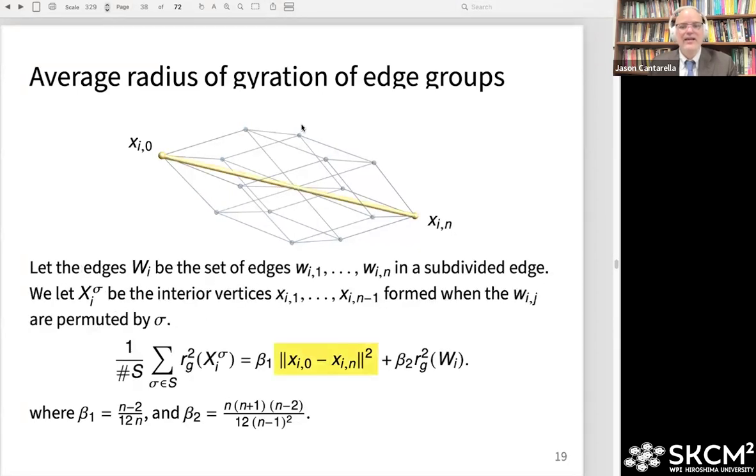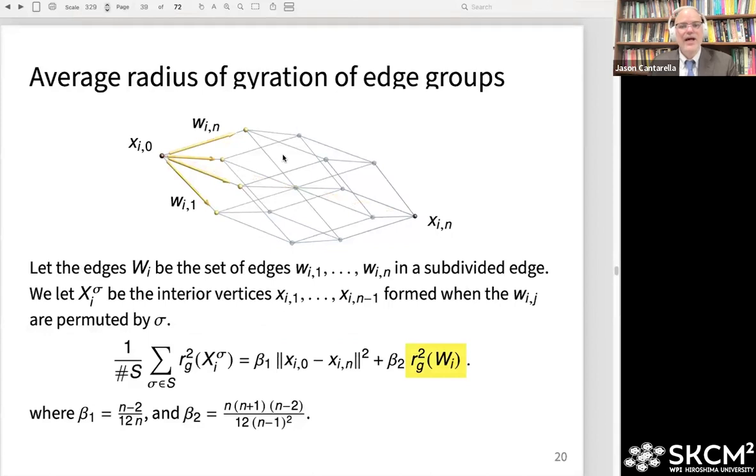It's controlled by the distance from the start of the paths to the end of the paths. Well, every path has to cover that much distance. And it's controlled by how far the paths spread out from the straight line. That's determined by the radius of gyration of the edge vectors that are involved in constructing the lattice. There are also some constants, but they depend only on the number of subdivisions, not on the geometry.